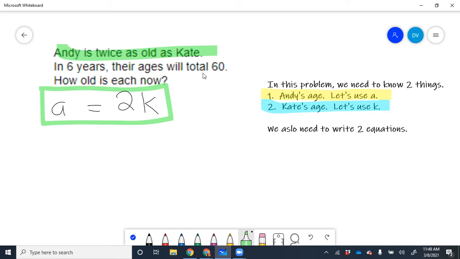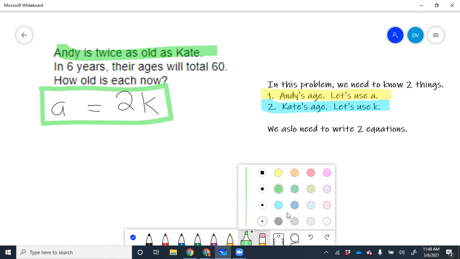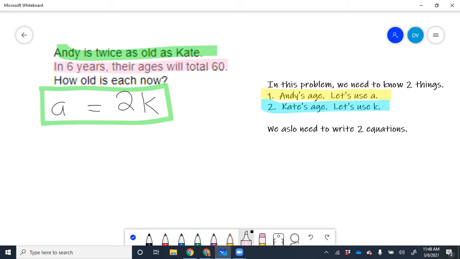Now we're going to write another equation. I'll use a different color, maybe pink or something like that. And that will be this part right here. This sentence, I'll change it to an equation. That equation says that in 6 years, their ages will add up to 60. Well, Andy's age in 6 years will be A plus 6.